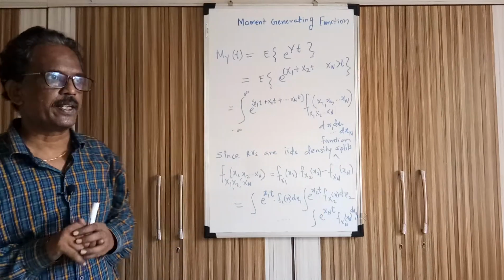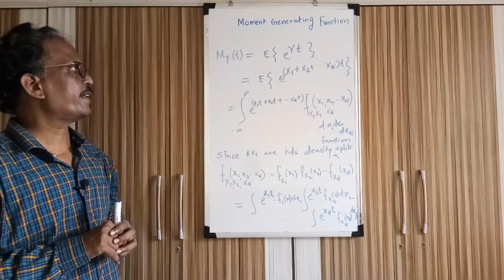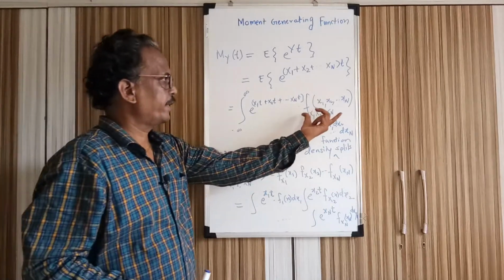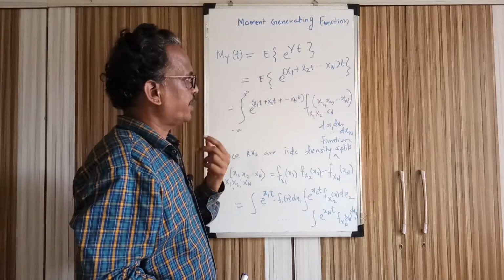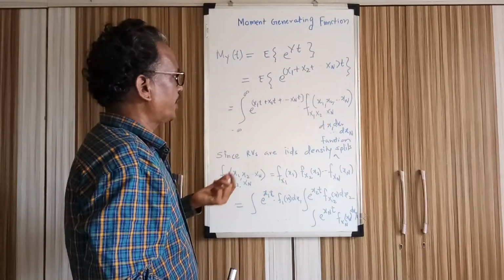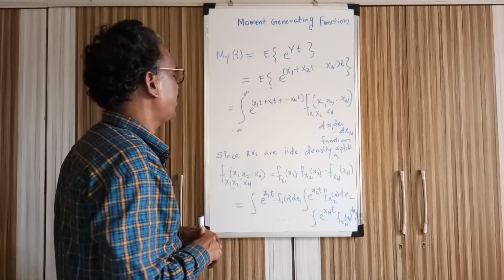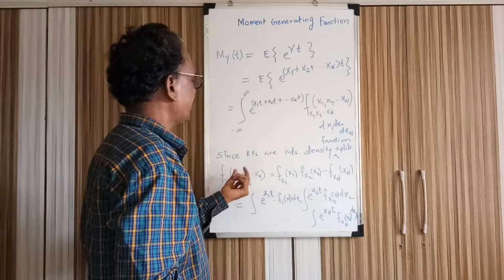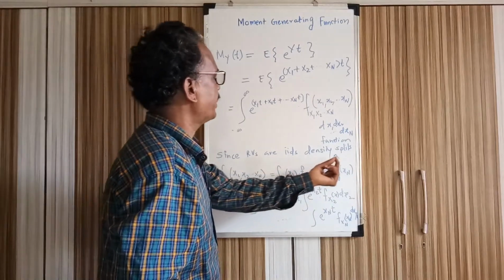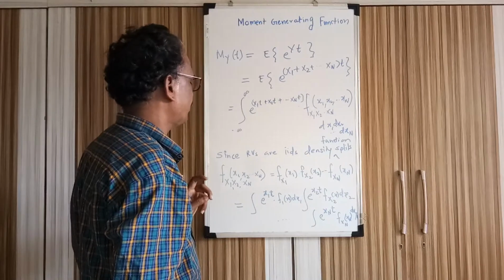Since the random variables are independent, the nth order joint density function splits. The nth order joint density function splits because random variables are independent, and so the nth order joint density function can be written as a product of individual density functions.